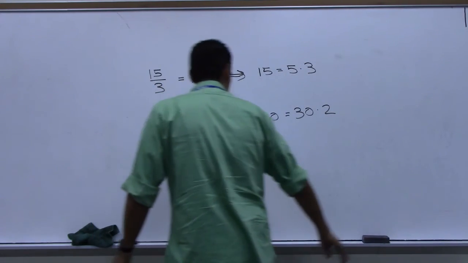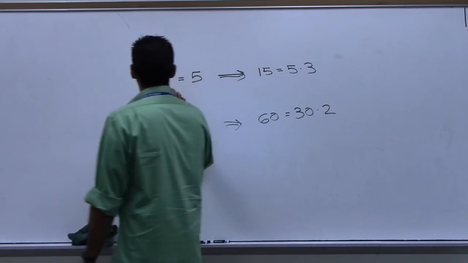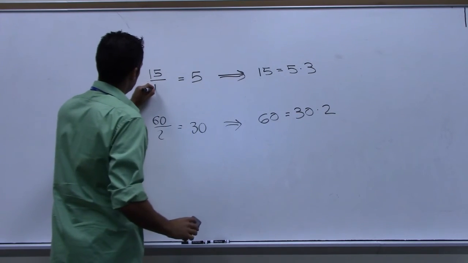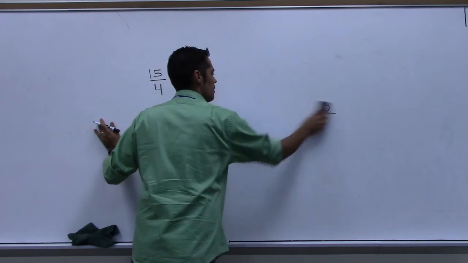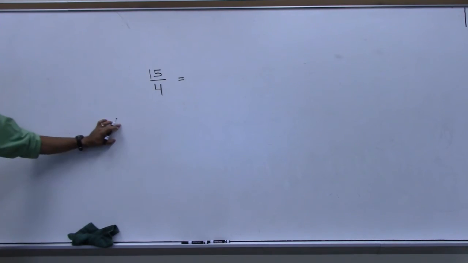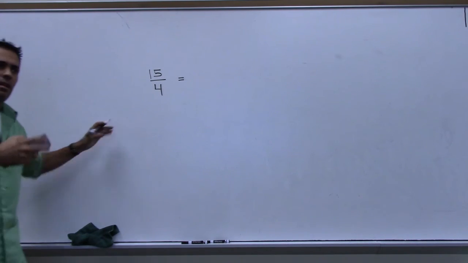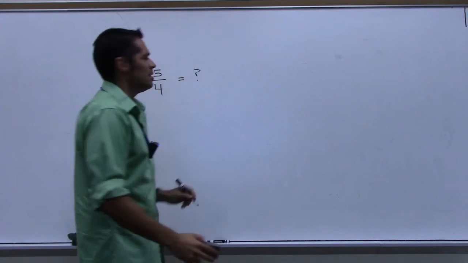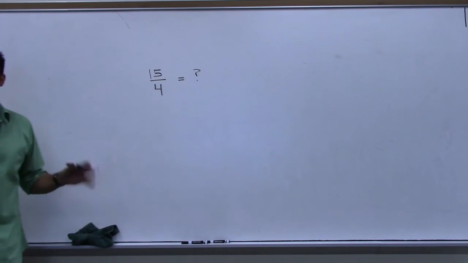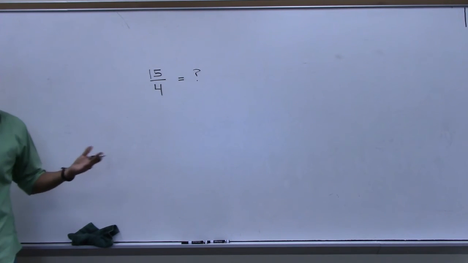But what about this? What if I change this to a 4? Does that go in evenly? It's a decimal, right? It's not a nice whole number. So this equals something. I actually don't know exactly what it is, but it's something, like 3 point something.